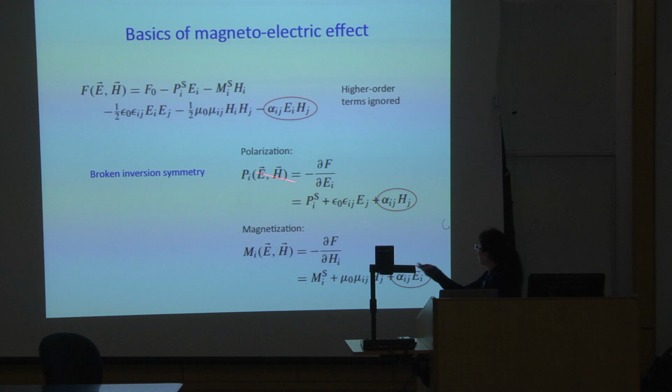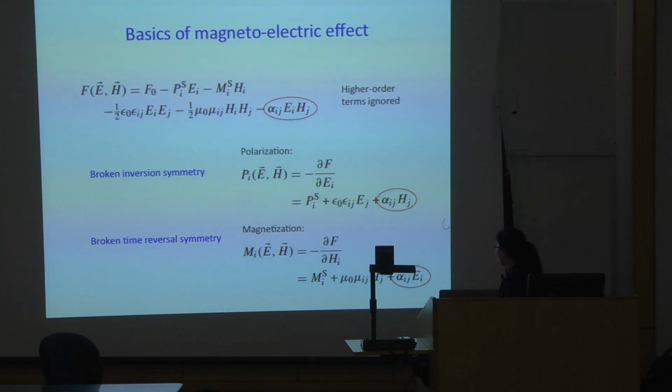So just by construction, P equals some constant times the magnetic field, right? In order to have this, you need to break inversion symmetry. If you have inversion, this quantity changes sign, but this one doesn't, so this alpha is 0 if you have inversion symmetry.